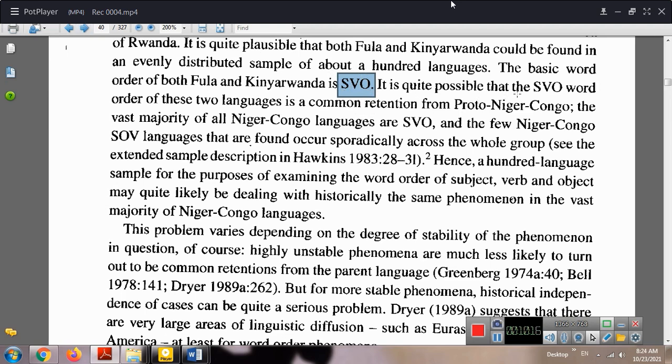It's quite possible that the SVO word order of these two languages is a common retention from Proto-Niger-Congo. The vast majority of all Niger-Congo languages are SVO, subject, verb, object, and the few Niger-Congo languages that are SOV, subject, object, verb, like Persian, occur sporadically across the whole group.